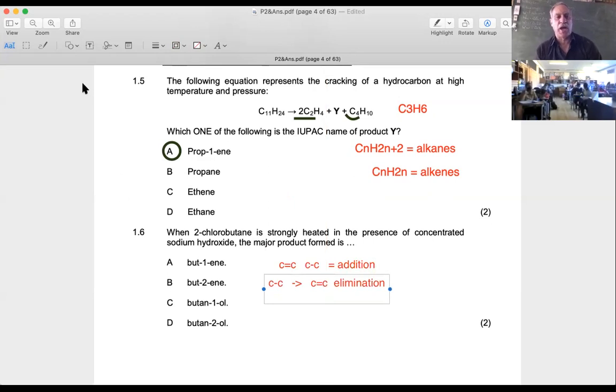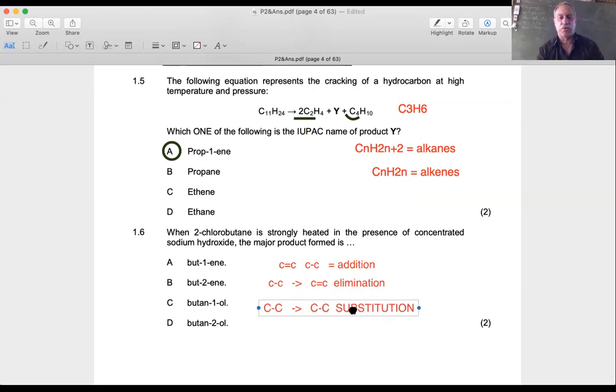And the last thing we had was where you go from C single bond C to C single bond C, and that is known as substitution. So there are the three possibilities: addition, elimination, substitution.